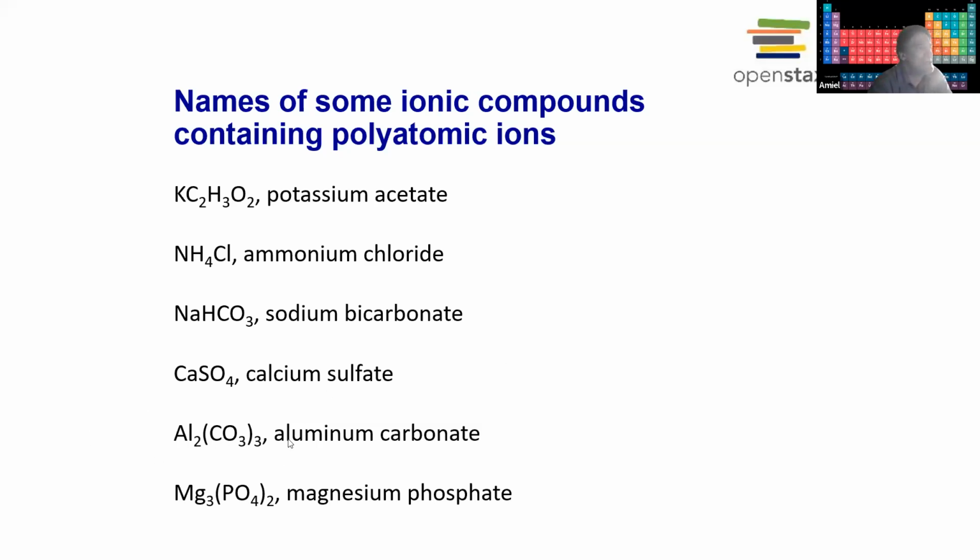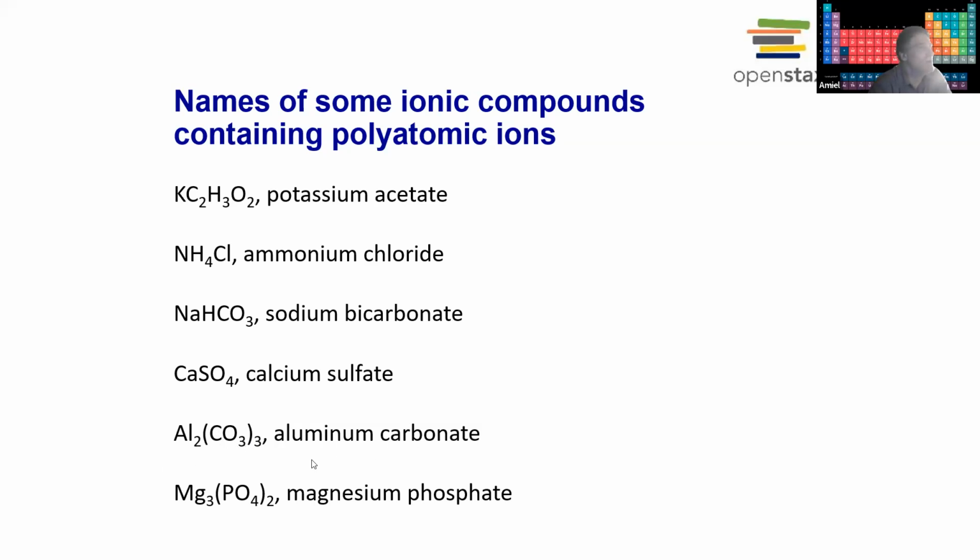Aluminum carbonate. Notice here you have parentheses, carbonate is CO3. That's on the list. And you've got 3 of them. So you need a parentheses and then a subscript 3. So make sure you can count up all the elements.